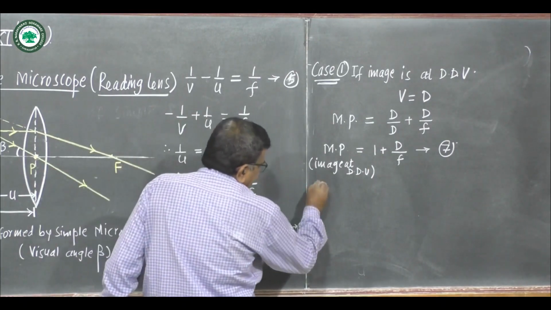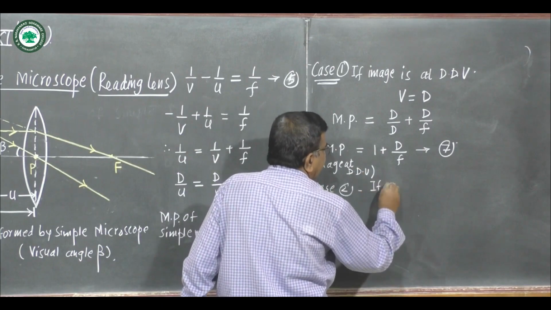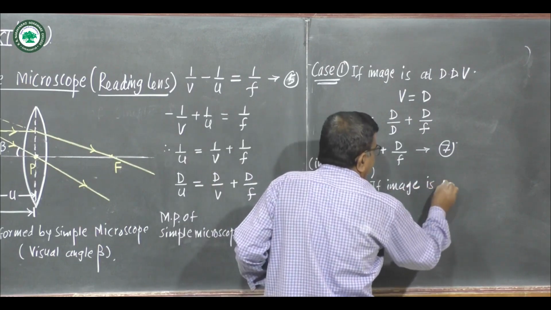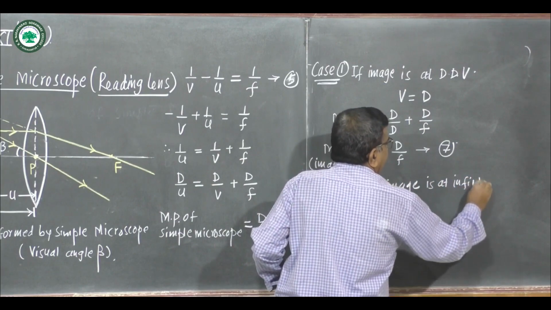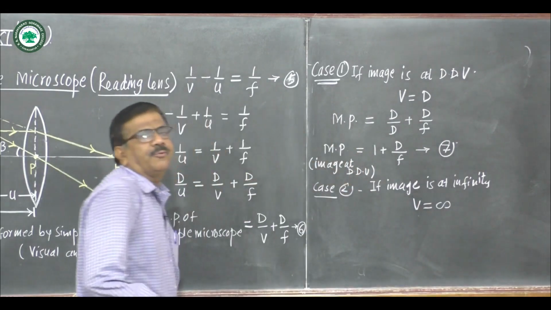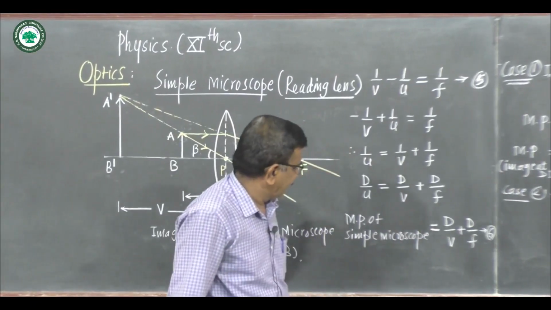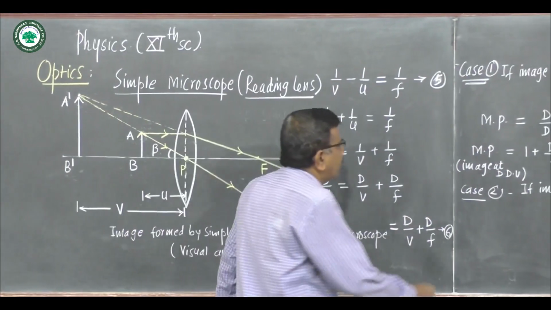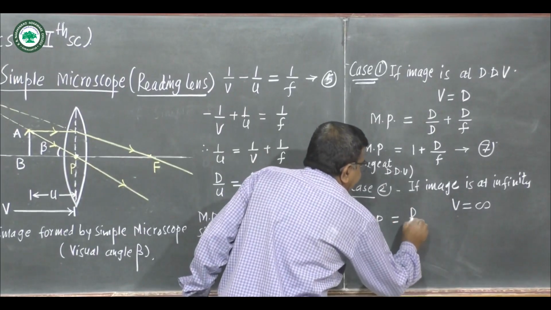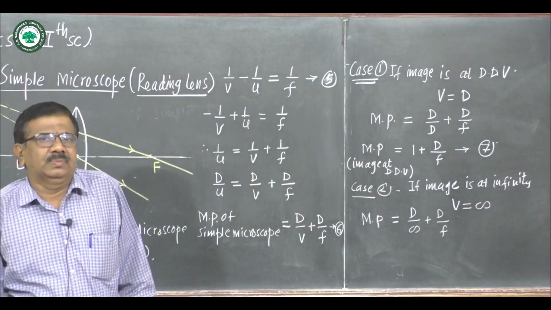Now case second. If the image is at infinity, if the image formed is at infinity, we write image distance V is equal to infinity, and if we substitute that value in equation 6, we get magnifying power is equal to D upon infinity plus D upon F. But 1 upon infinity we know is 0.